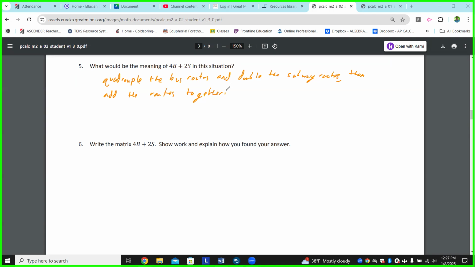I will say one of the biggest questions I always get is, does the order of operations matter? Well, if you think of PEMDAS, what do we typically do first? Multiply or add? So you do have to multiply those scalars first before you add your matrices up. Right now, it's not a big deal because they're obviously different values, but if they were both the same, that's usually where students go awry.